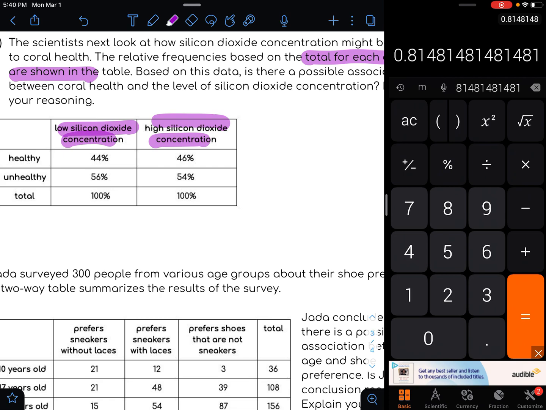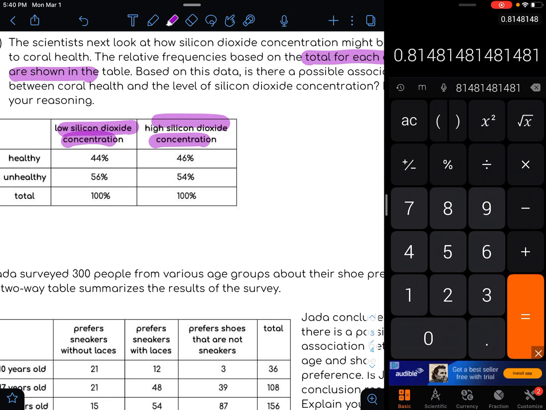Now, if we look at low silicon dioxide concentration, notice there's 44% that is healthy and 56% unhealthy. So at first it might look like there's a little bit higher percentage of unhealthy when there is a low silicon dioxide concentration. But if we switch over to high silicon dioxide concentrations, does that percentage change? Do we see a difference there?